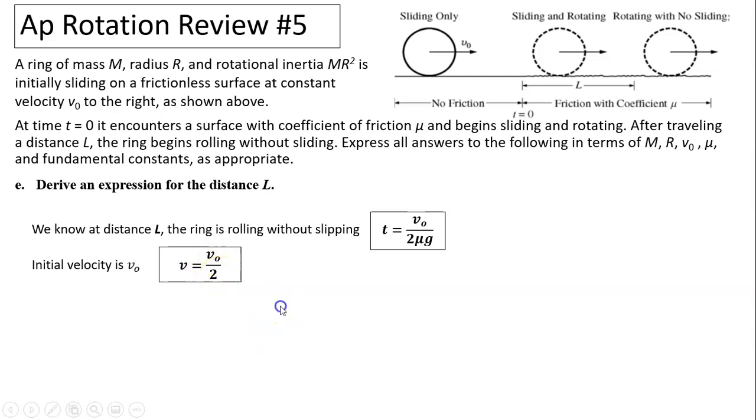There are many ways to find it. I will use this one: distance is average velocity times time. I can find the average velocity because acceleration is constant. Average velocity is v0 plus v over 2, and here's the time. Plug that in, and you should have L equals 3 v0 squared divided by 8 mu g.